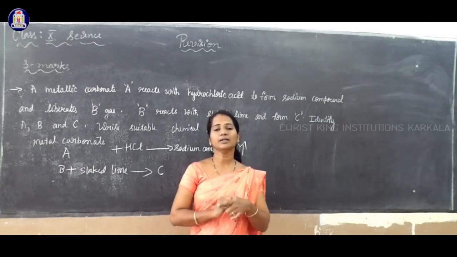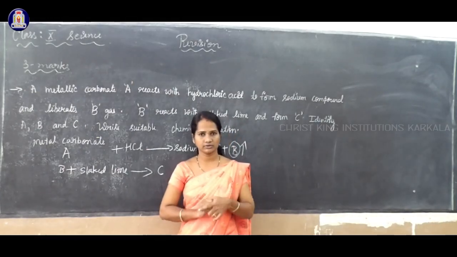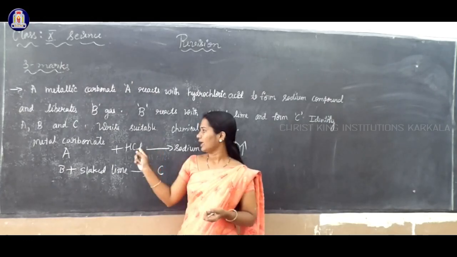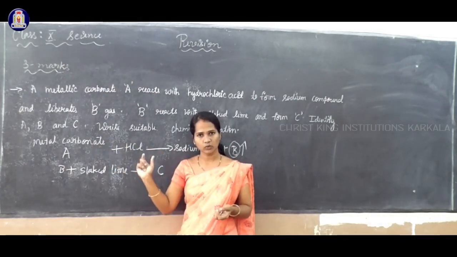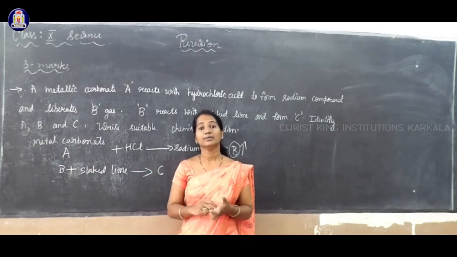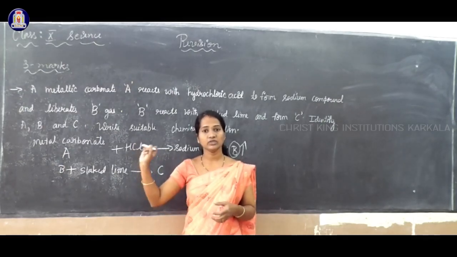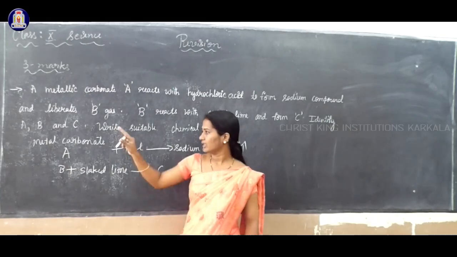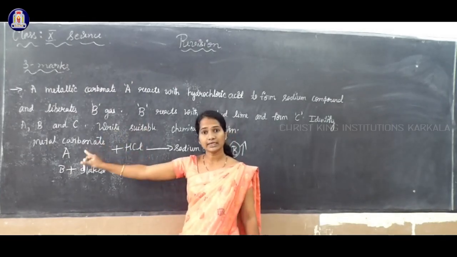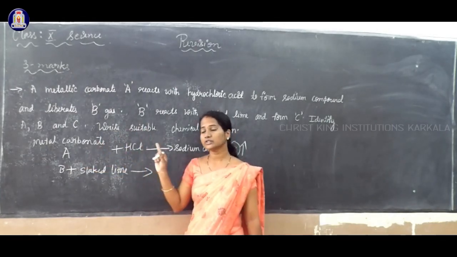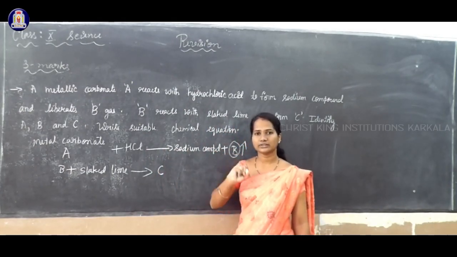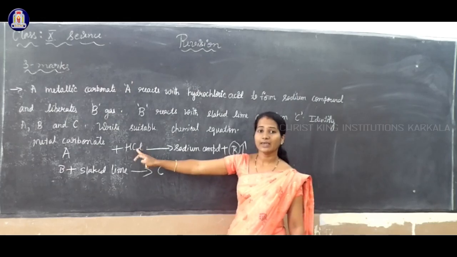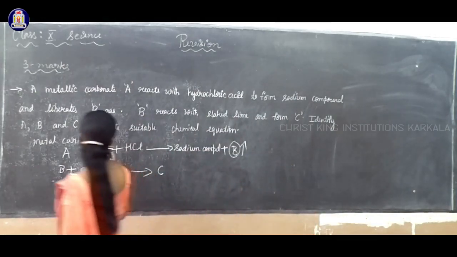There we studied that an acid reacts with a metal carbonate to give salt and liberation of a gas. Which gas is liberated? When an acid reacts with a metal carbonate, it produces salt with the liberation of carbon dioxide gas. So we will write the chemical equation of this.